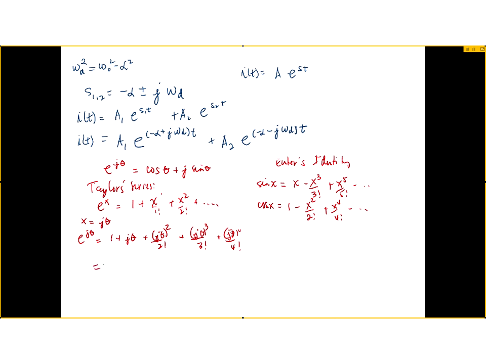So let's simplify this. What is j squared? It's negative 1, so it becomes negative theta squared over 2 factorial.